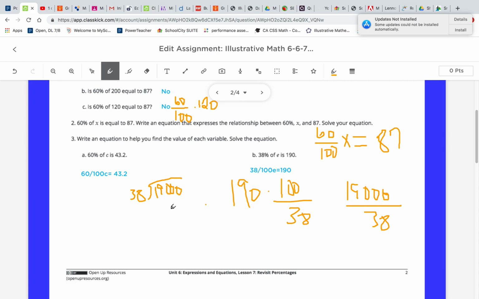Okay, it can go into 190. So this is one that the better you are at mental math, the better you can do this here. If I take 38 times 5, okay, if I do 30 times 5, I get 150, and 8 times 5 is 40. Put the 150 and 40 together, that's 190. So I know it's going to be exactly 5 times. Okay, and then so this is going to be 190.